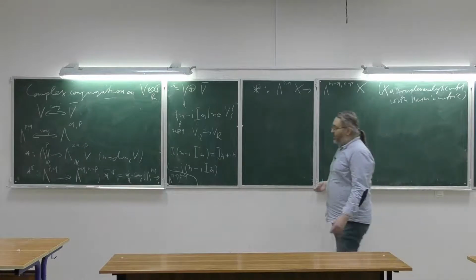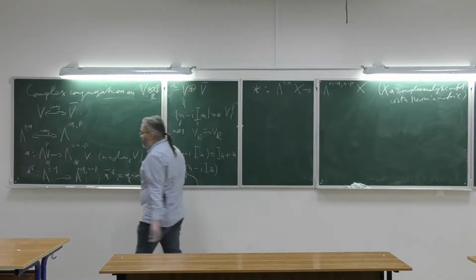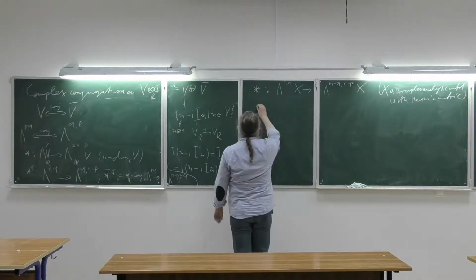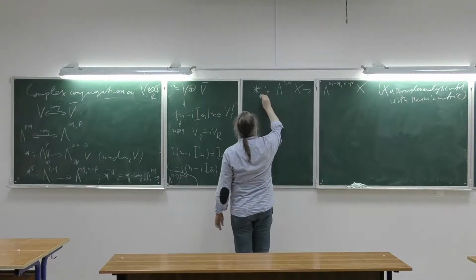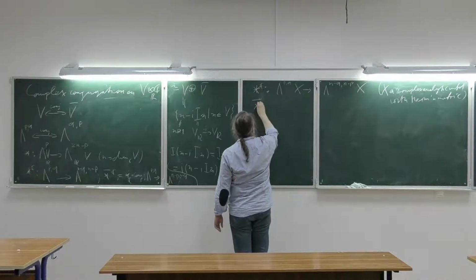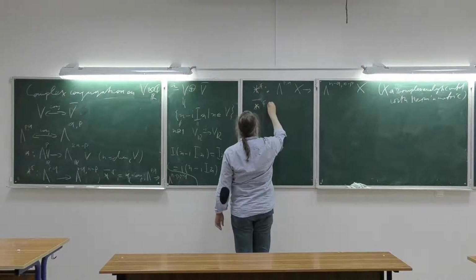Suppose we have a complex analytic manifold with a Hermitian metric. Then we have the star operator and star C and bar star C.